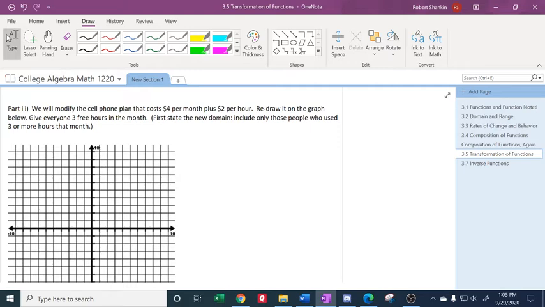So come up with the new equation, draw it, and at my signal enter the new equation into your group chat. But just wait a minute.